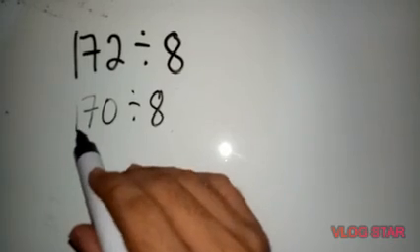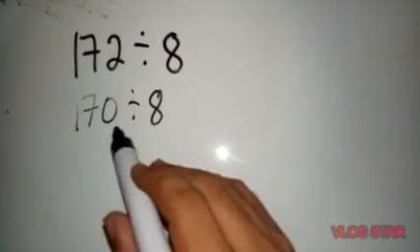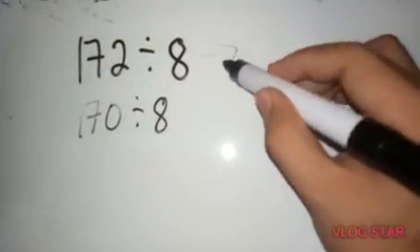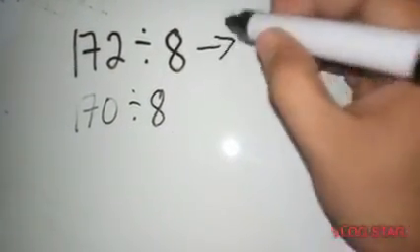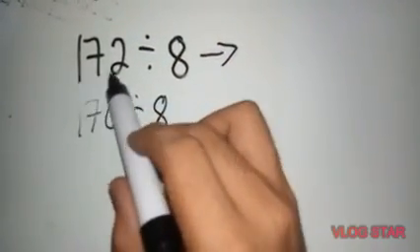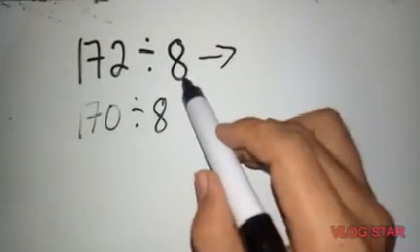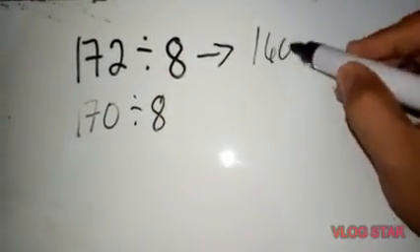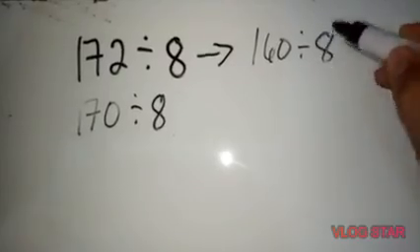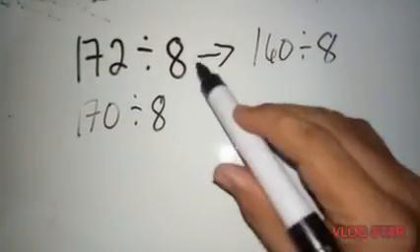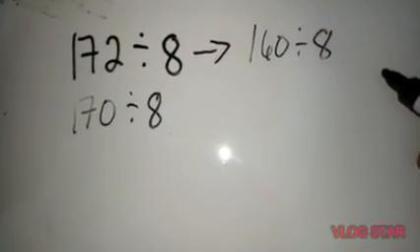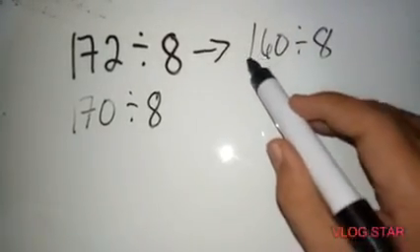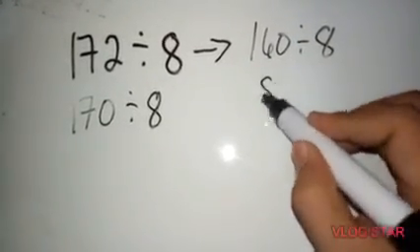It's not easy to divide 170 by 8, but if we round this to a number that is easier to divide by 8, for example 160 divided by 8, because 16 is divisible by 8, we can easily divide it.